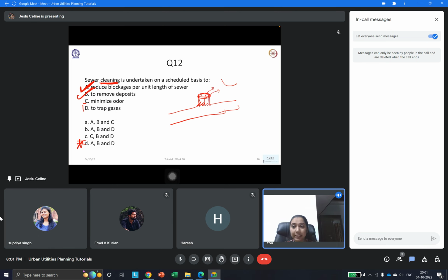But we don't have to clean it in order to trap gases. That's not required. So it's A, B, and C which are right, and the trap gases option is wrong. We already, while designing itself, provide a mechanism by which gases trapped inside can escape outside. So that mechanism is already provided.